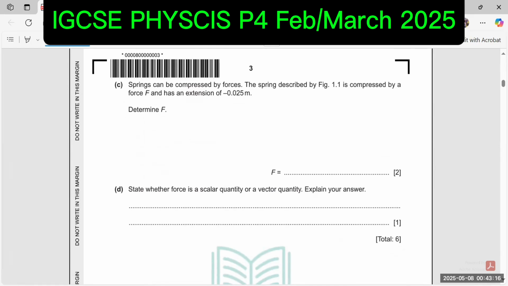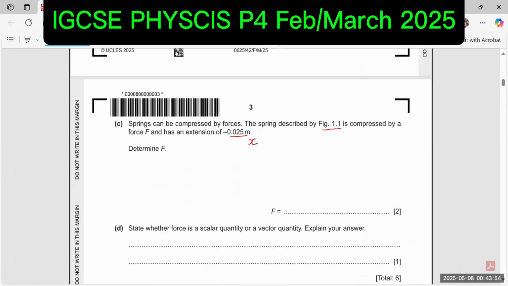Spring can be compressed by a force. The spring described by figure 1.1 is compressed by a force, giving an extension of minus 0.025. Determine the force F. So this is the extension and k is 50,000.